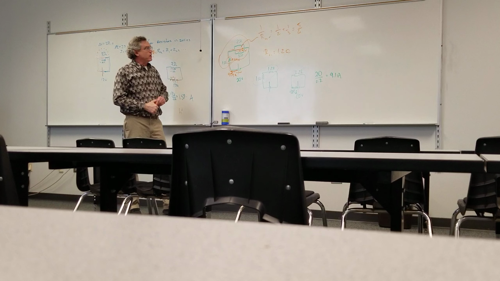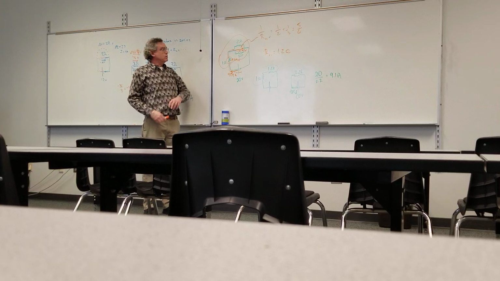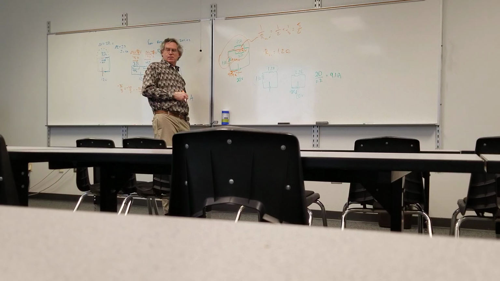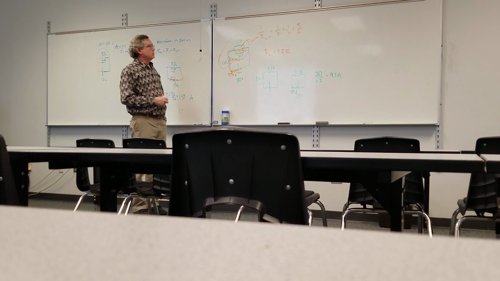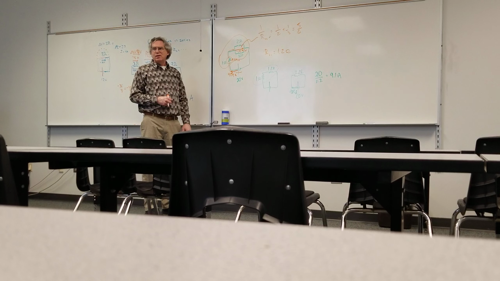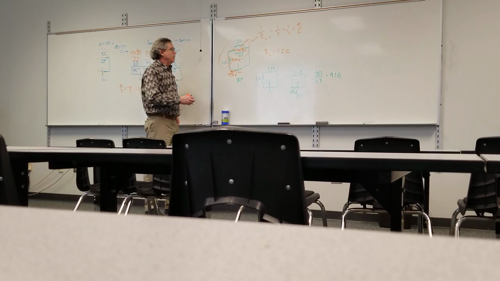And so now I can figure out the current flowing across each of these. I'm going to take the 10.91 volts that I have to lose across here and divide by 2 and then divide by 3. How'd you get the 10.91 volts?